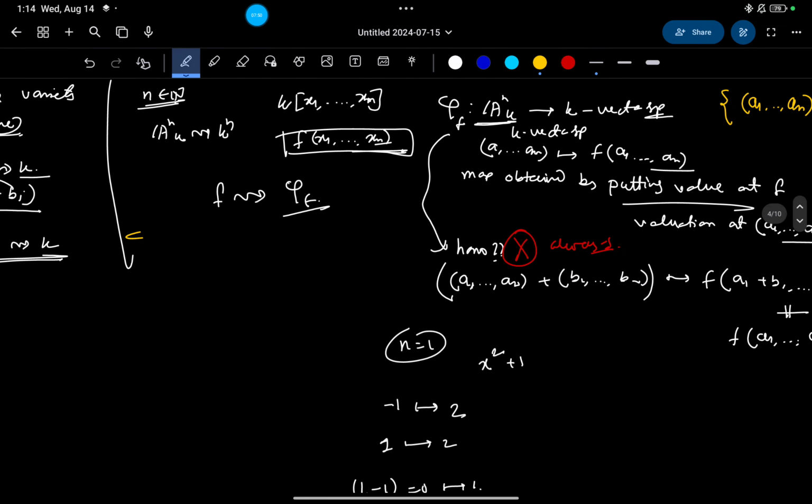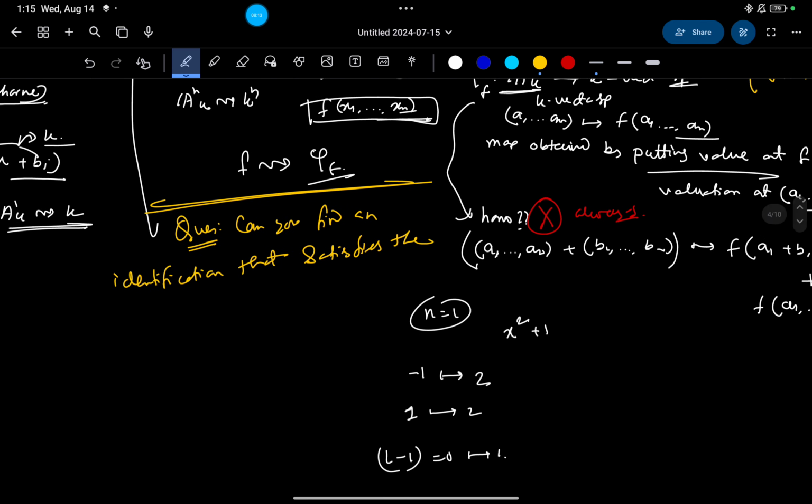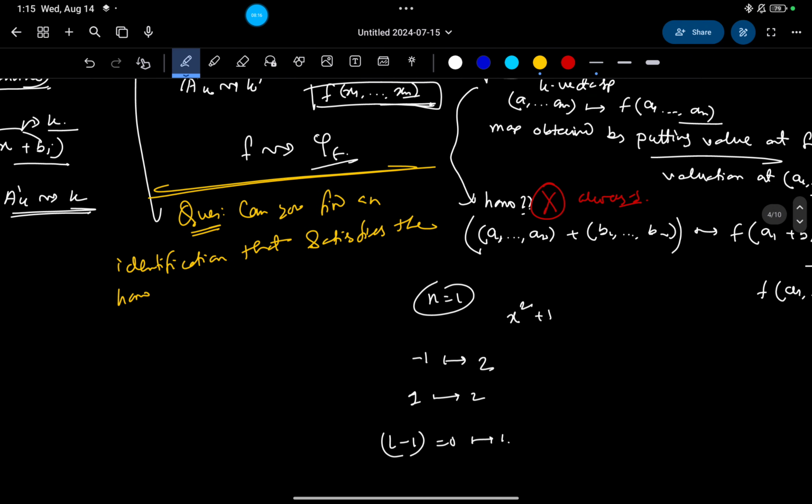By the way, the question is, can you find an identification that satisfies the homomorphism axiom from the above picture?